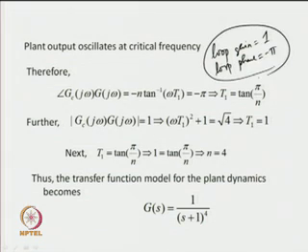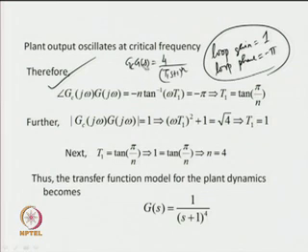Using these two pieces of information, it is not difficult to write the expression for loop phase: angle of GC(j omega) G(j omega) is equal to minus n tan inverse omega T1. How do we get this? Because we know that GC(s) G(s) is given as 4 K upon (T1 s plus 1) to the power n. Again K is equal to 1. Therefore, GC(s) G(s) is equal to 4 upon (T1 s plus 1) to the power n.